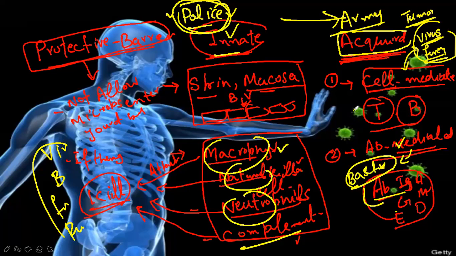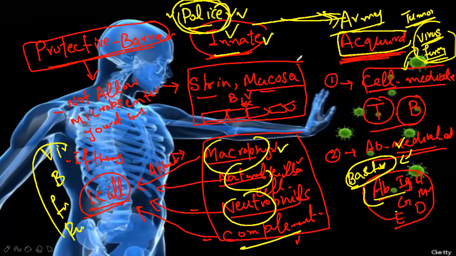What is innate immunity? When any microbe or foreign particle tries to disturb your body cells, the first response is given by innate immunity. When things are beyond the limit of innate immunity, if they are not controlled by the police, then I give that case to the army for military control.